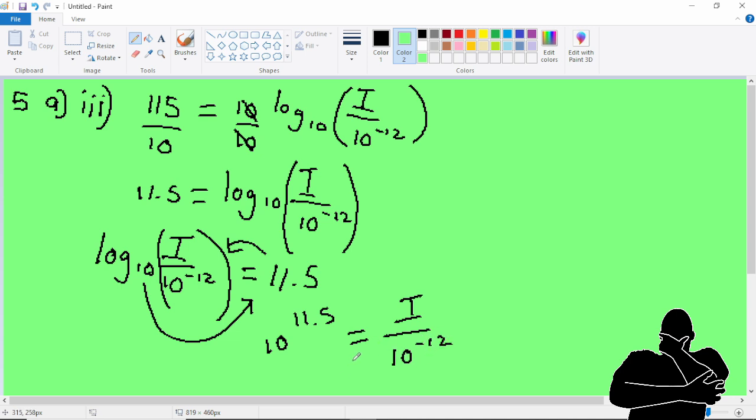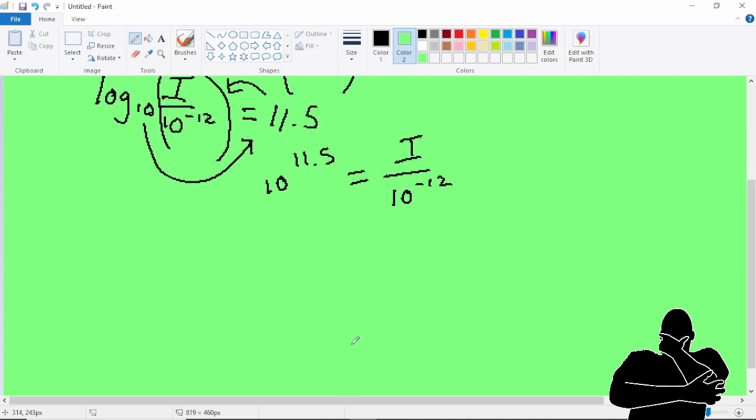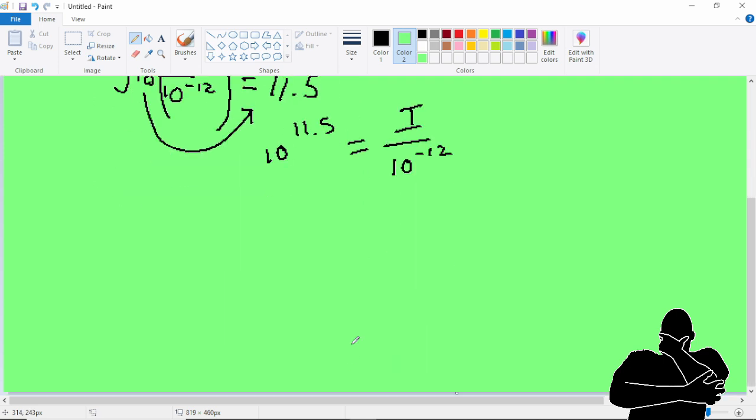So all we have to do is take 10 and raise it to the 11.5. And don't be startled, you are raising 10 to an exponent of 11.5. The number is going to be quite large.